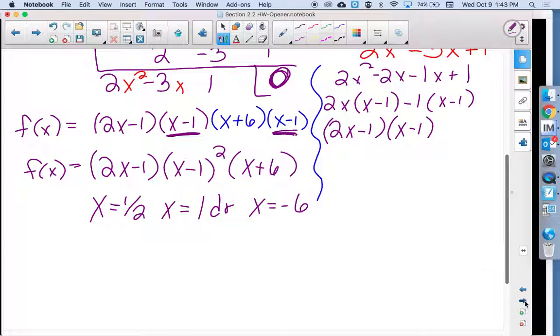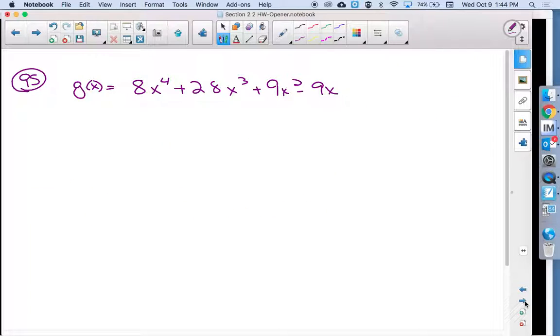So if you look at 95, the last problem, before you think about trying to do the rational 0 test, sometimes the stuff that you learned originally gets forgotten about. That's just going to happen because you're doing all these complex things and the basic stuff gets overlooked. What is one thing you could do, Taylor, with this function? We could take out an x, which is a really great thing because it reduces your power immediately.